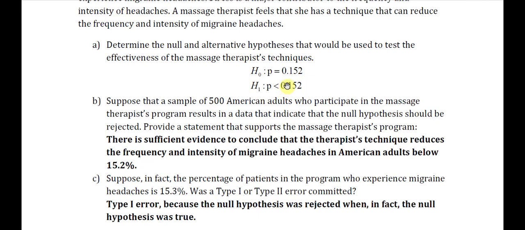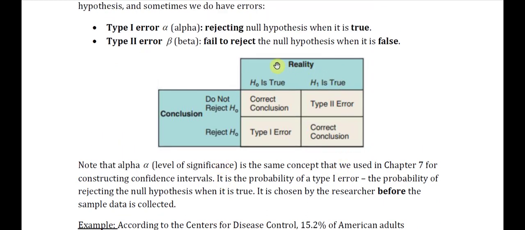It should be bigger than 15.2, so we should not reject the null hypothesis. Because we reject the null hypothesis when it is in fact true, it is type 1 error.